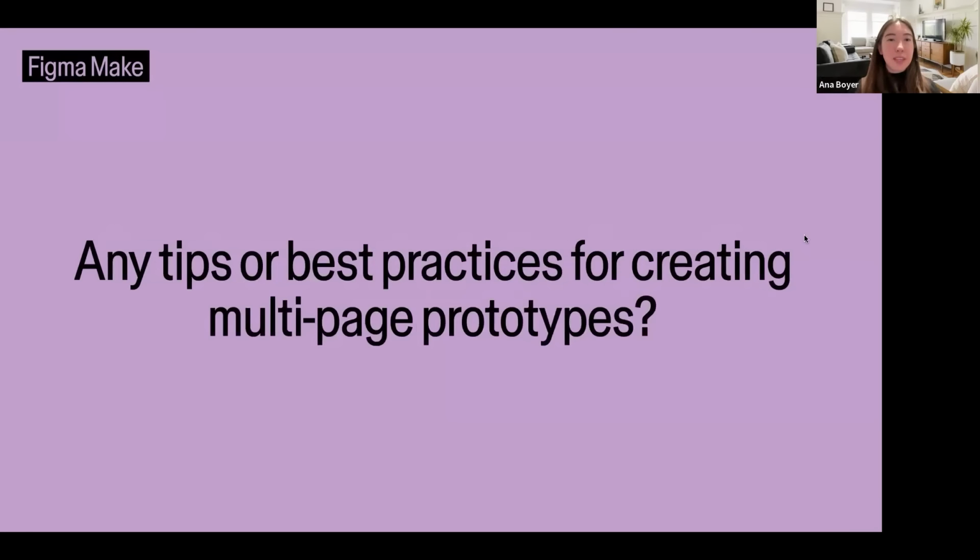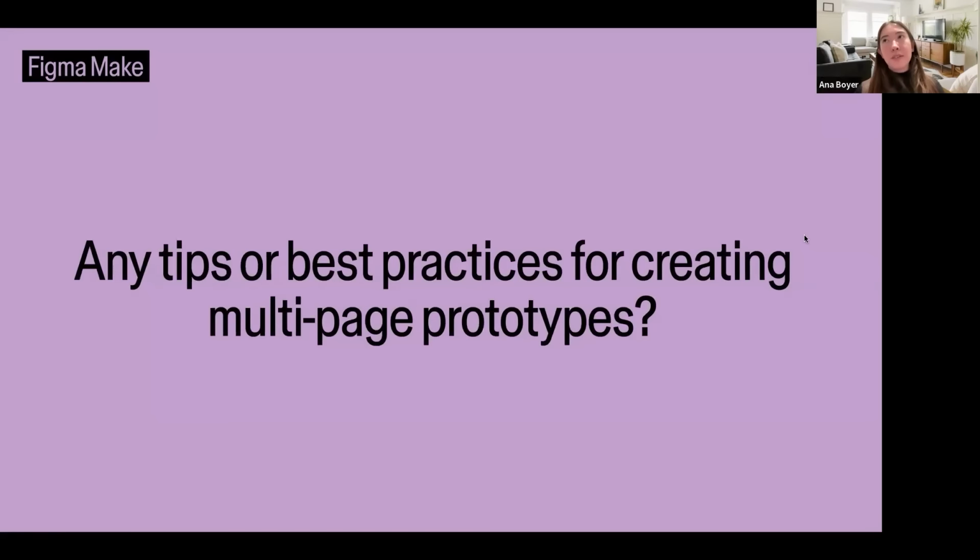Any tips or best practices for creating multi-page prototypes? Yes. As we mentioned before, when you're pasting designs into Figma Make, you can paste up to 3 frames. Of course, you can always paste in more frames in future prompts, so don't feel like you have to cram everything into the first one.